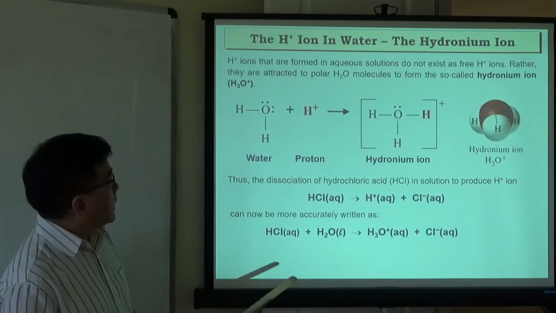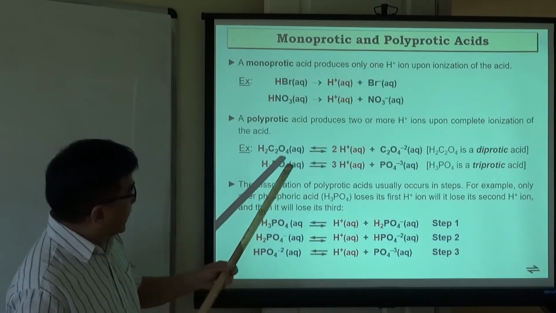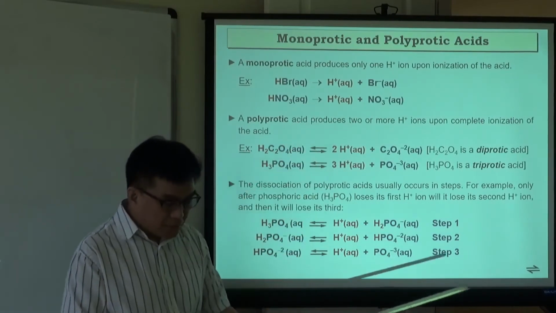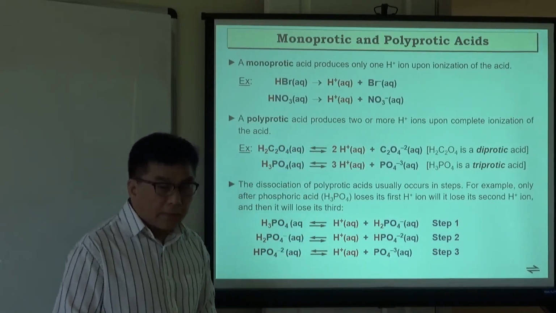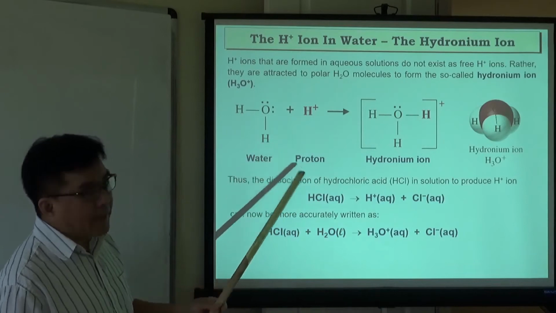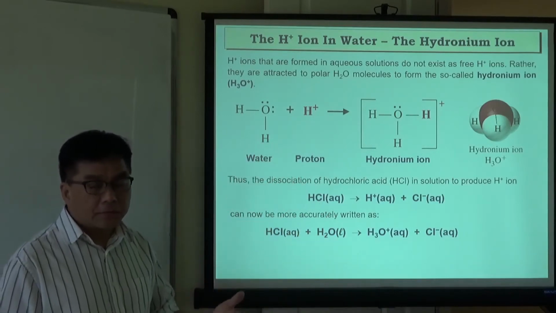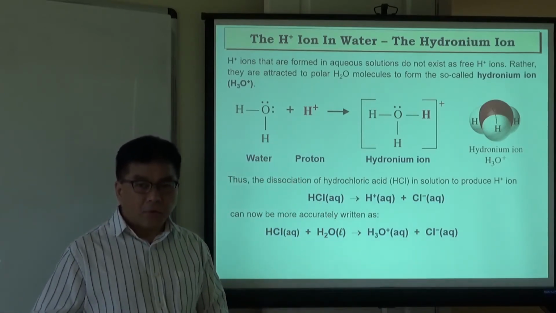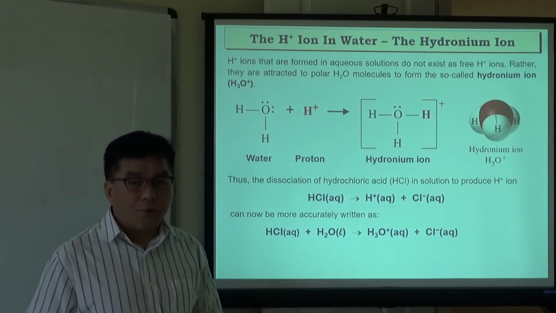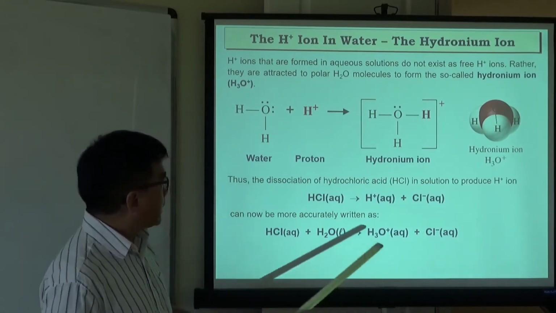Okay, now because the acid produces hydrogen ions in solution, nowadays people realize that it's not really a free hydrogen ion floating in an aqueous solution where there's water around.